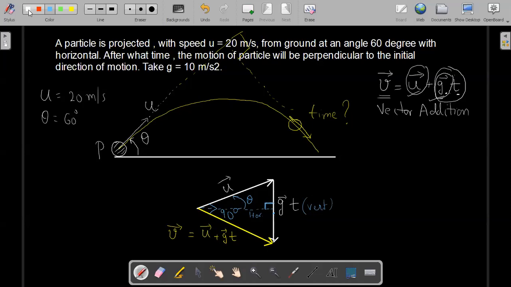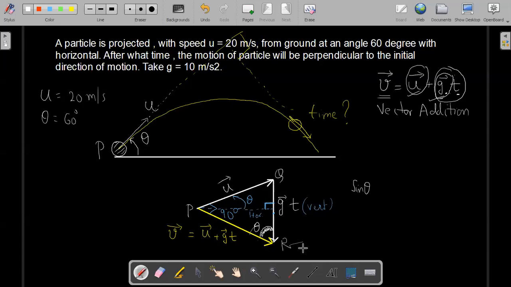Now you can easily prove that the angle between v and gt will be theta. And now if you follow the trigonometric ratio, let me name this triangle PQR.